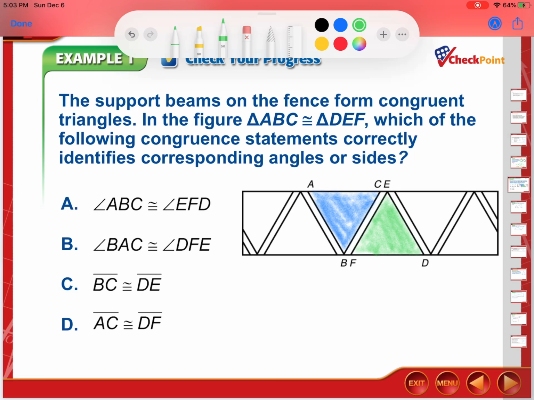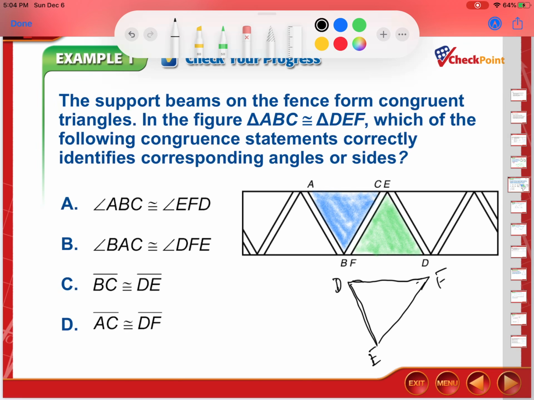Like I said in the last problem, we have to keep these in the same order. So these two triangles are actually not oriented the same way. If we wanted to orient them the same way, then we would have to take DEF and turn it 180 degrees. So DEF would actually look like this.